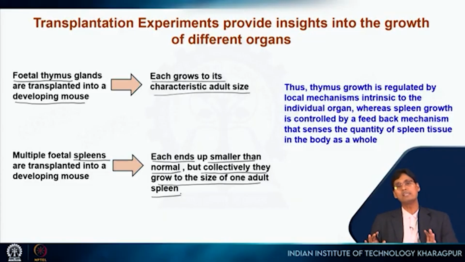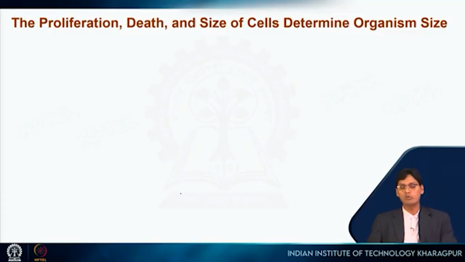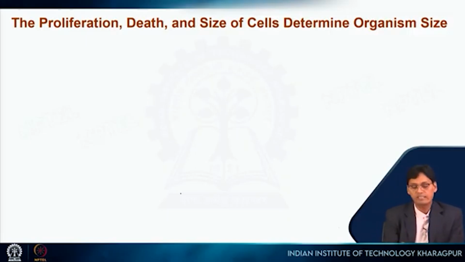So you can understand it's a very complex process: in the same individual, in this case a mouse, spleen growth and thymus growth are controlled in different ways. Now I would like to give you another example. This is C. elegans, again a model organism.